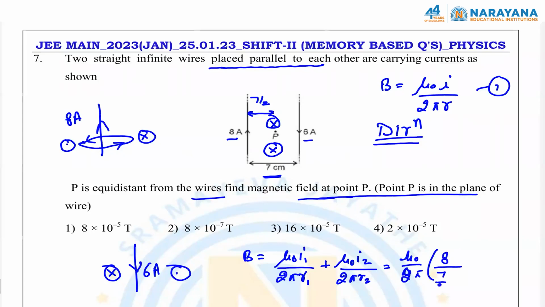R1 is 7 by 2 centimeter, plus I2 by R2, 6 over the distance 7 by 2 into 10 to the minus 2. And we can solve this value, and this answer will finally come out to be 8 into 10 to the minus 5 Tesla. So option 1 is correct.